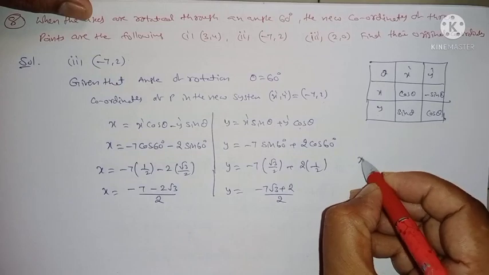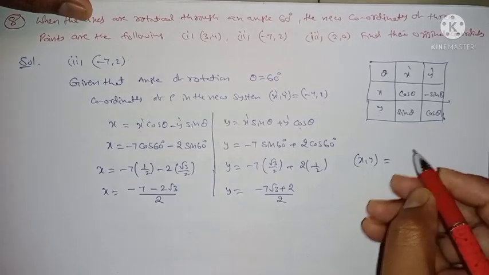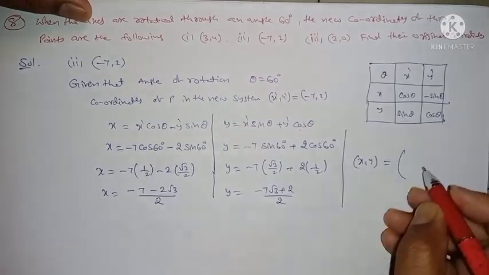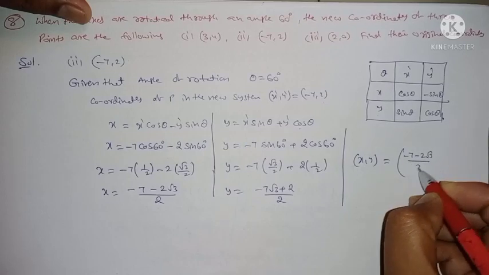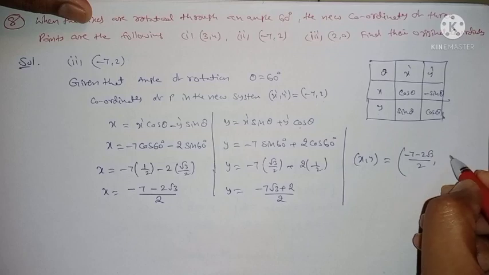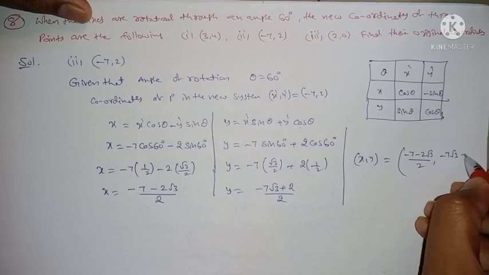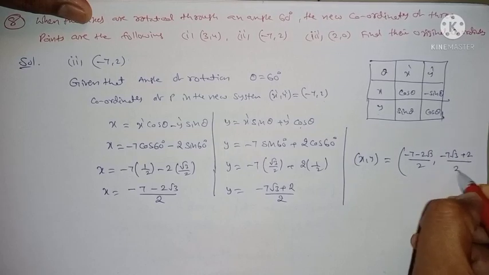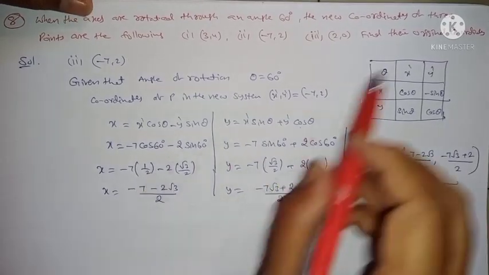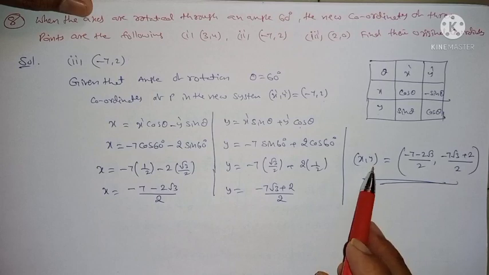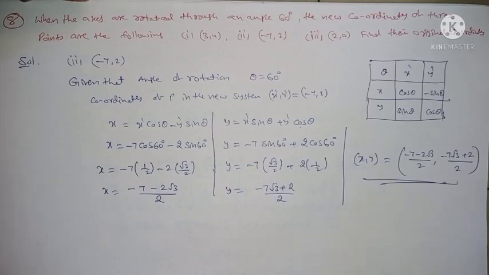Therefore, x comma y is equal to minus 7 minus 2 root 3 by 2 comma minus 7 root 3 plus 2 by 2. This is the required original coordinates. Okay, clear?